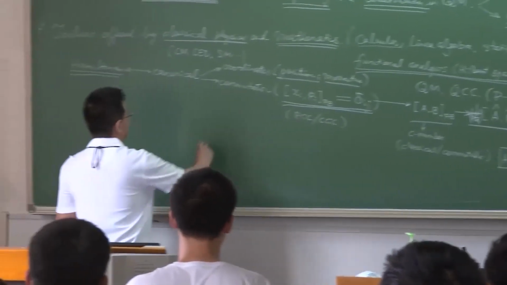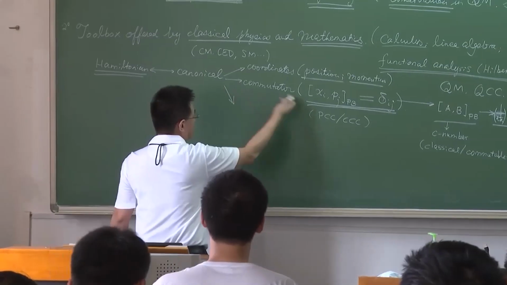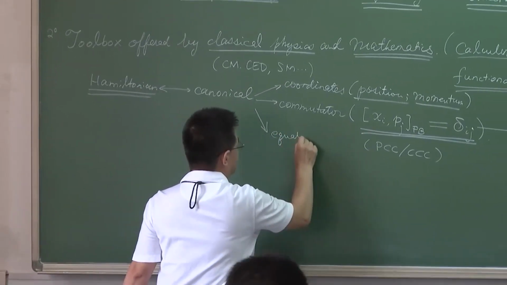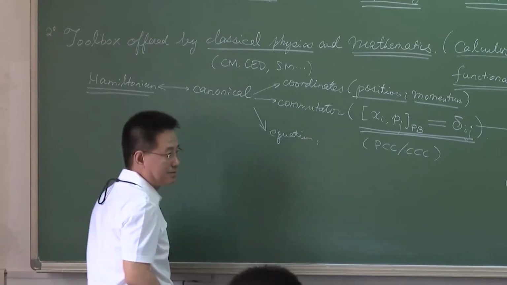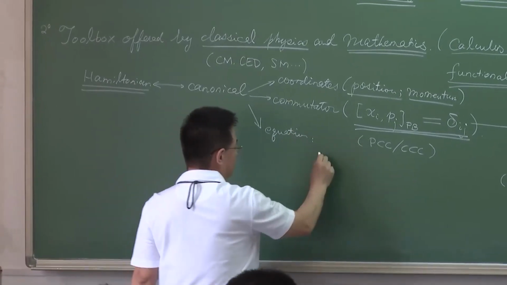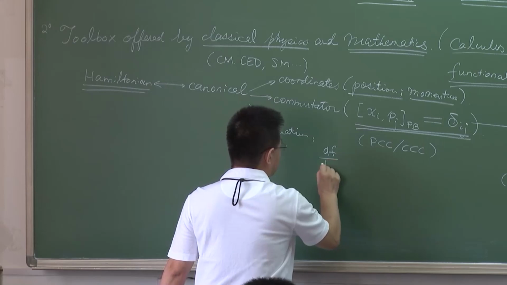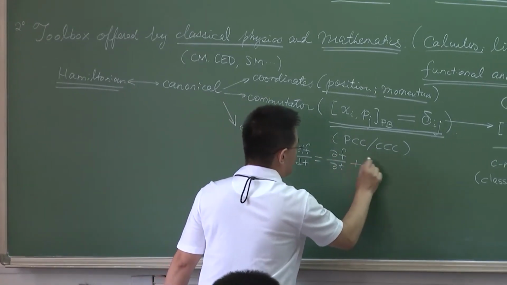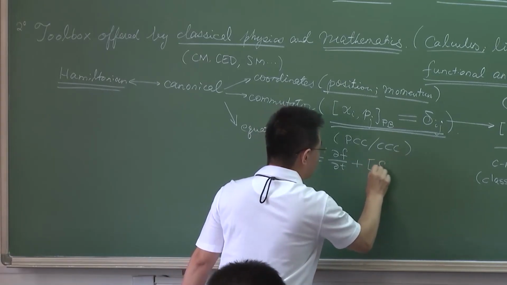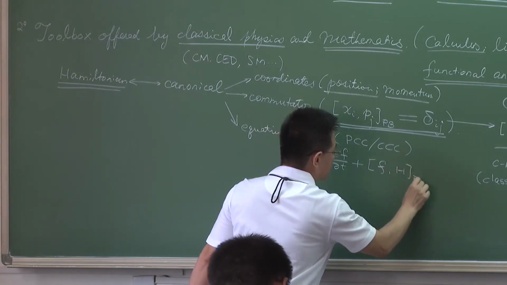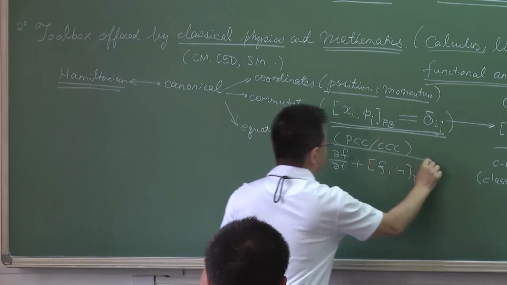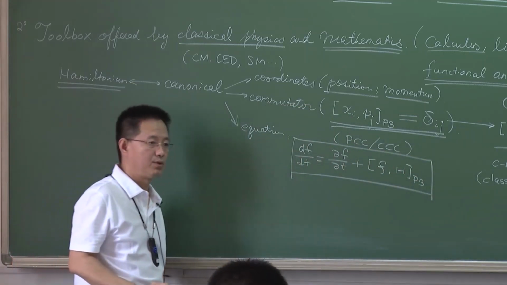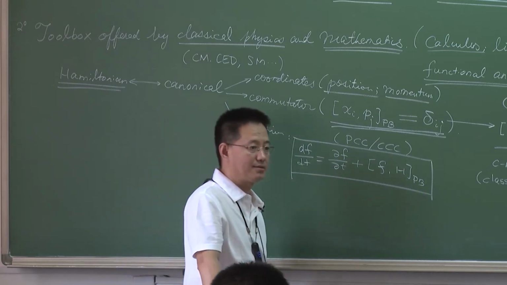Okay. And also from the commutator, we have the canonical equation of motion. Right? Because the equation is very simple. It is just df/dt equals ∂f/∂t plus the Poisson bracket of f and H. And that is the generalized form of the canonical equation of motion in Hamiltonian mechanics.